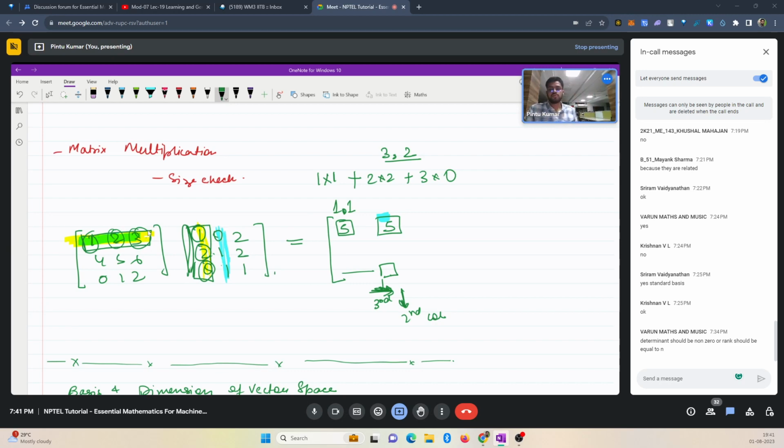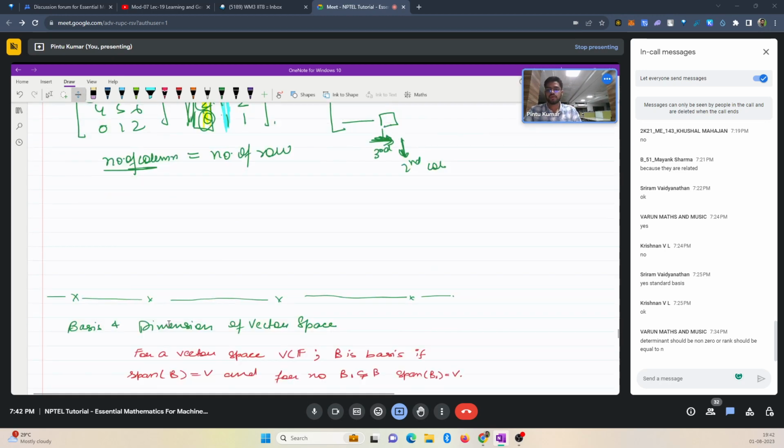So the number of elements in this row is your number of columns, and the number of elements in this column is the number of rows. So for you to be able to multiply two matrices A and B, the number of columns of the first matrix A should be equal to the number of rows of the second matrix. Okay.